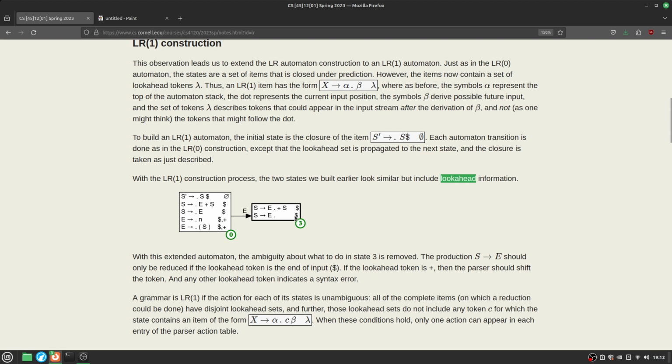A look ahead would be the end of input, but we could also continue scanning this plus symbol, with the look ahead being the end of input symbol.